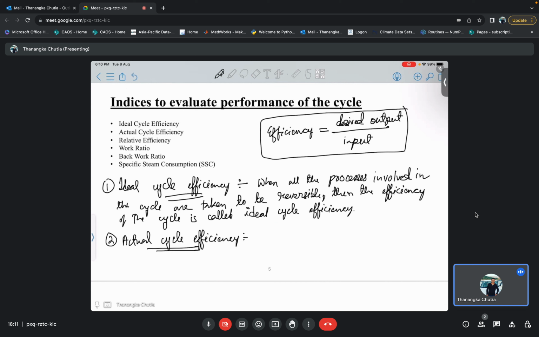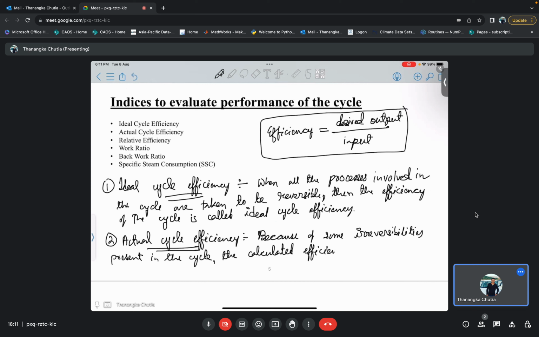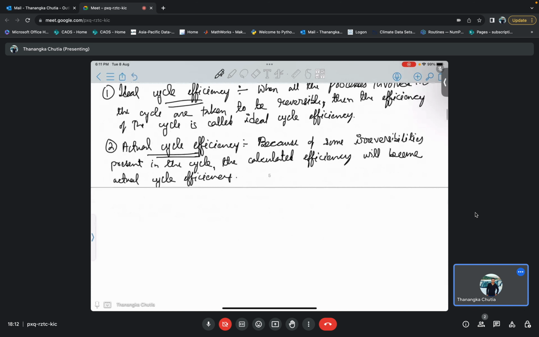Here, because of some irreversibilities present in the cycle, the calculated efficiency will become the actual cycle efficiency.